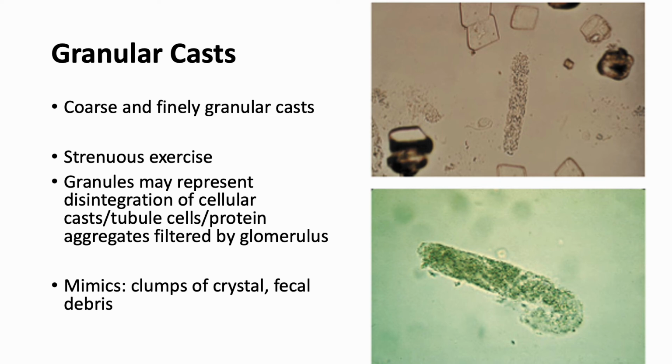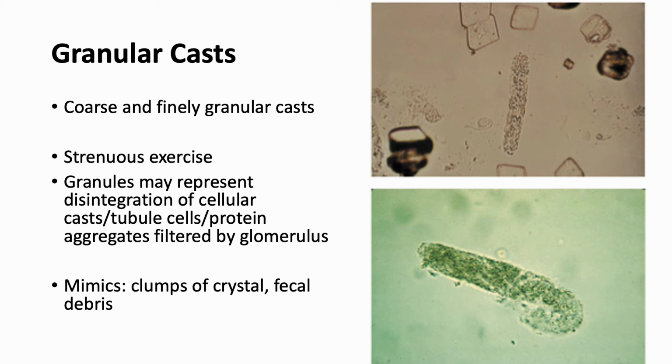Granular casts may be pathologic or non-pathologic. They can be coarsely or finely granular; however, it's not necessary to distinguish between the two. The granules in non-pathologic conditions originate from lysosomes excreted by the renal tubular epithelial cells during normal metabolism.